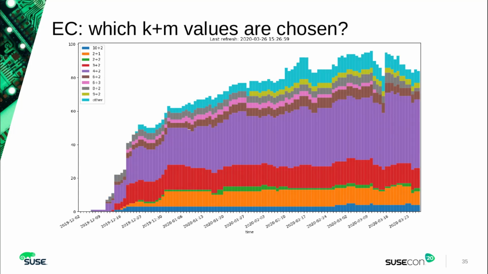Similar to understanding which PG_num values are chosen, for erasure-coded profiles it's very interesting for us to understand which K+M values are used, because there's no way how we could compute and test and benchmark all possible K+M combinations. So understanding what is deployed in the field is really quite helpful. When we now look at that over time, we see that the vast majority are using 4+2, which is a very sensible choice.